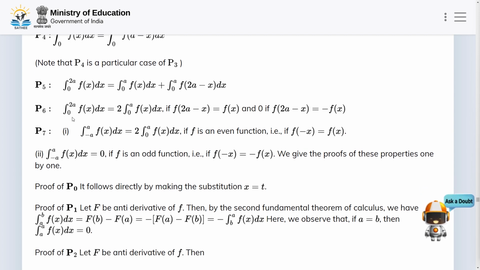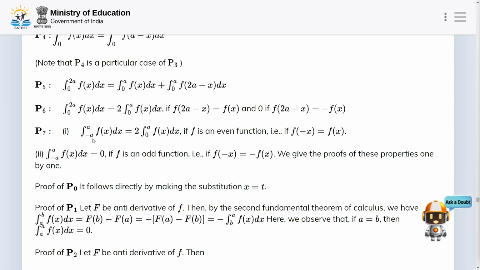Next, property P6: the definite integral 0 to 2a of f(x) dx can be rewritten as 2 times the integral 0 to a of f(x) dx, only when f(2a minus x) is equal to f(x). We are using the above property, P5. If f(2a minus x) is the same as f(x), then you can add them and you will get this. If it is minus f(x), then the sum will be 0. This means the definite integral 0 to 2a of f(x) dx will be just 0.